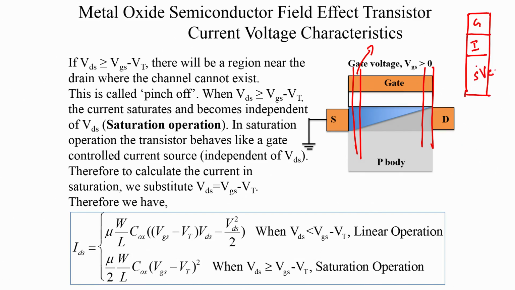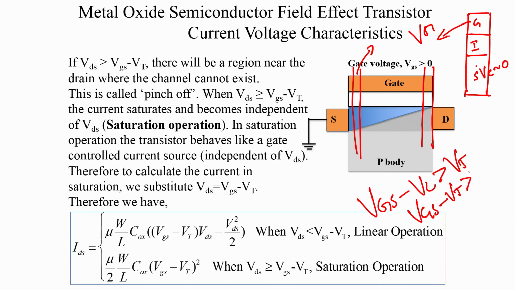It is some Vc, and the Vc is approximately 0, and we know that Vg minus Vc is greater than Vt, or in other words, let us say VGS minus Vc is greater than Vt, or VGS minus Vt is greater than Vc. Effectively, this gate voltage is strong enough to overcome the channel potential. So, this is large enough, and therefore it is strong enough to pull electrons near the interface.